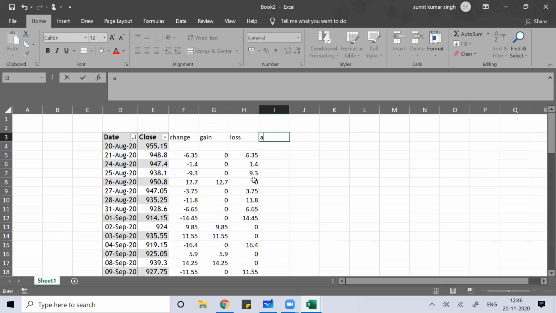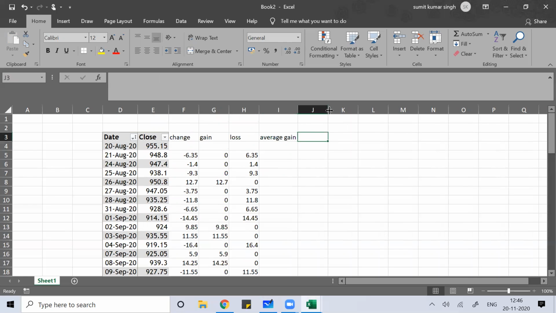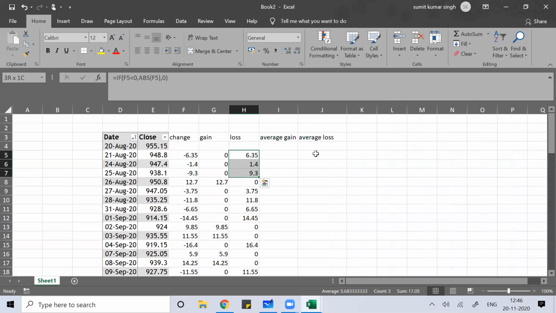Then I'll find the average gain. Similarly, I'll find my average loss. For the average gain and average loss, normally we take the simple moving average of 14 days.